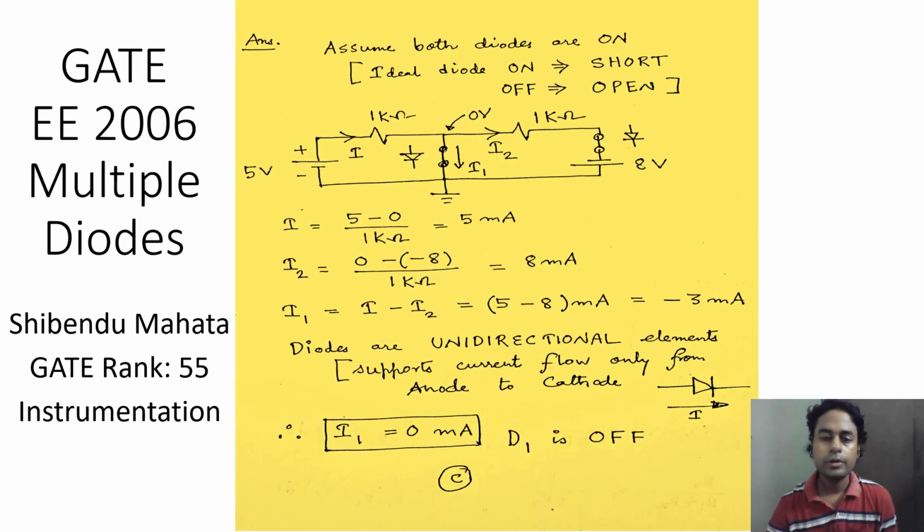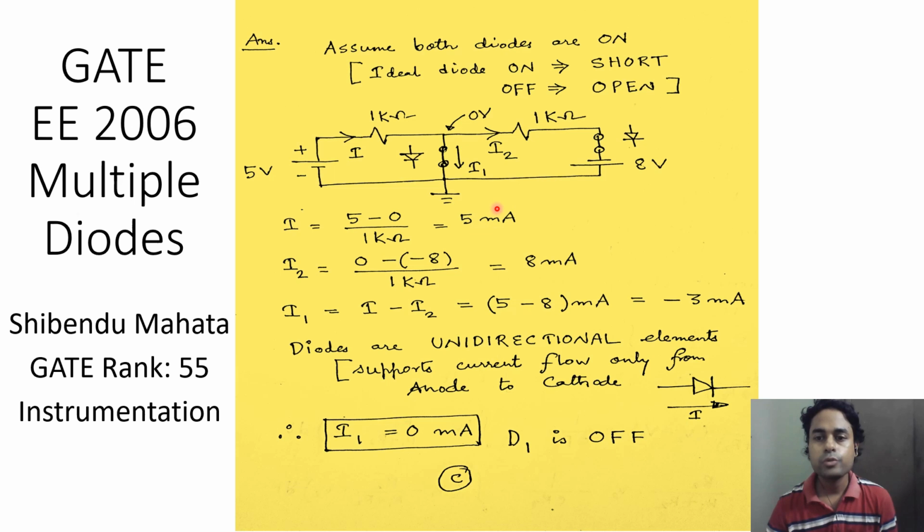Now let's proceed with the template that we followed the last time around. We said that when in confusion, we should assume that both the diodes are on. By on, I mean that the diodes, if ideal, should be replaced by a short circuit, and if the diode is off, then an ideal diode should be substituted by an open circuit.